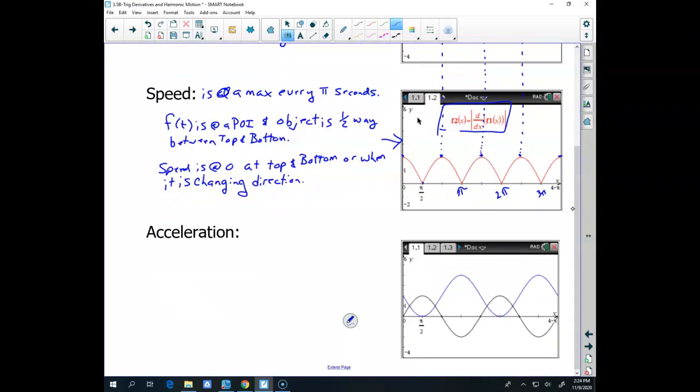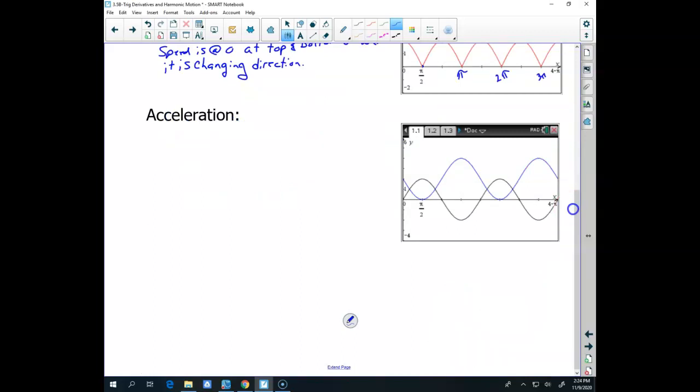There's the acceleration, the black one. Acceleration is at a max or min when the object is at the top or bottom.